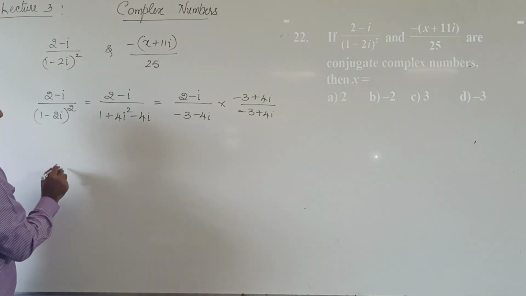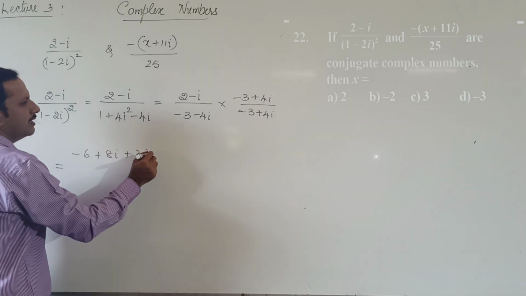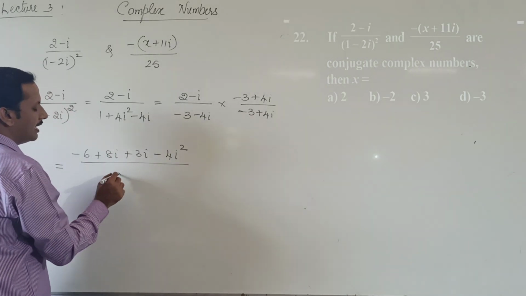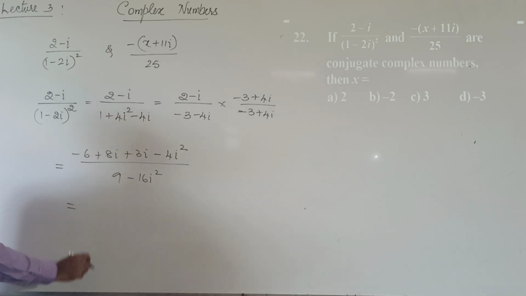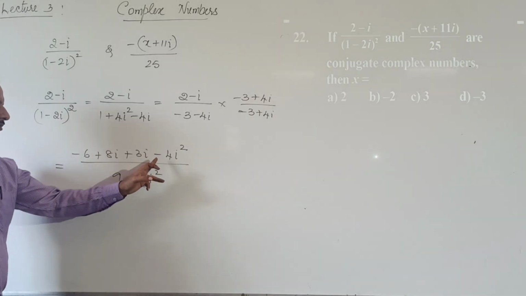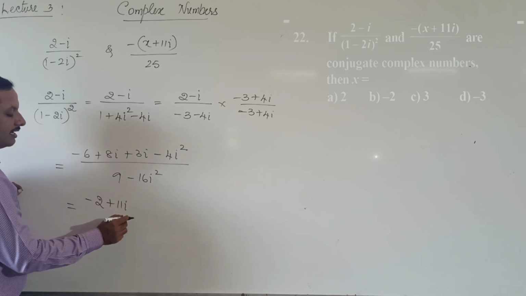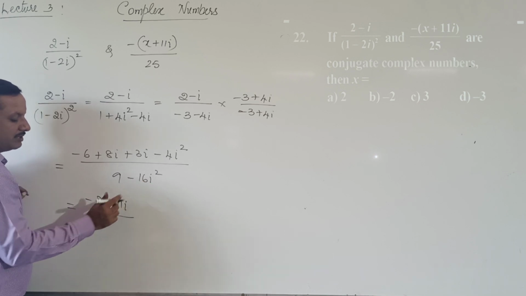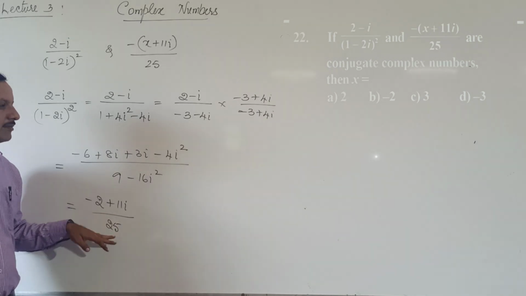That is equal to minus 6 plus 8i plus 3i minus 4i square divided by 9 minus 16i square. Minus 8 into, i square is minus 1, so it will become plus 4 here. Minus 6 plus 4 is minus 2 plus 11i. Here i square is minus 1, minus 16 into minus 1 will give you plus 16, 9 plus 16 is 25. This is the given complex number, minus 2 plus 11i by 25.